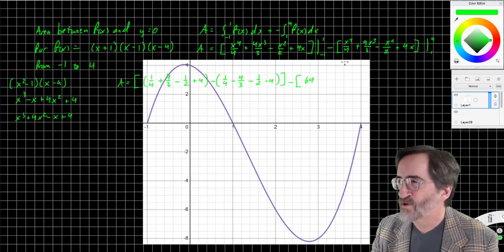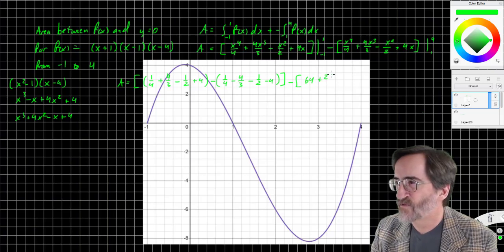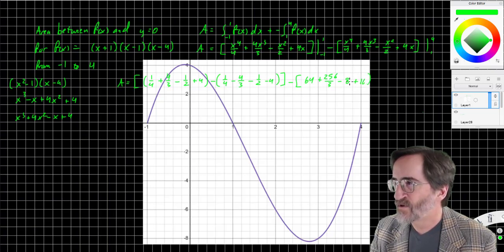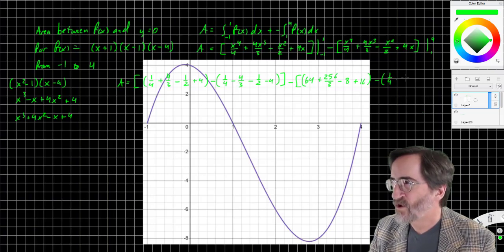And 4 to the 3rd is 64, times 4 is 256. So plus 256 over 3, minus 16 over 2 is 8, plus 4 times 4 is 16. That minus, now insert 1: 1/4 plus 4/3 minus 1/2 plus 4.